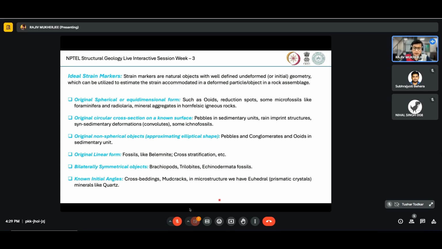Generally, when we talk about strain analysis, we say SPO, or shape preferred orientation. We also look for crystallographic preferred orientation of these grains to estimate the intensity of plastic deformation suffered by these mineral assemblages.